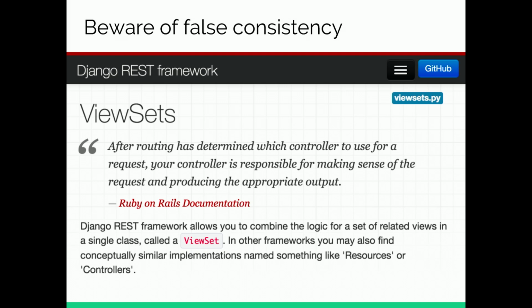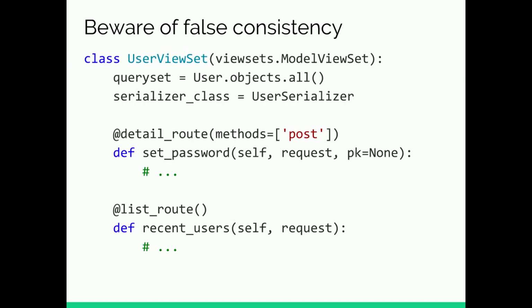I don't think it's a good idea, because the code looks good, looks simple. You can have a user viewset where you have a view for set password and another one for recent users. But maybe those things shouldn't be together, because you may have a bug here. You have a single queryset where you are allowing access to all users, and maybe you will allow someone to set the password for another user.